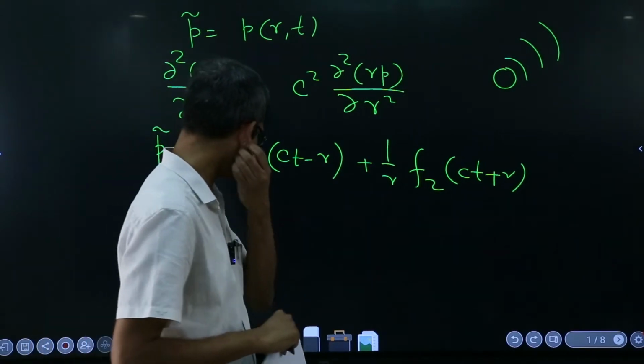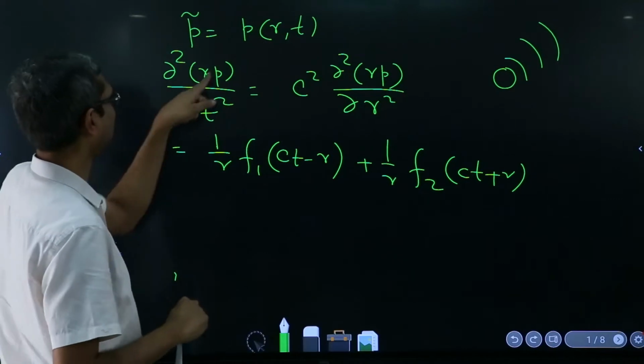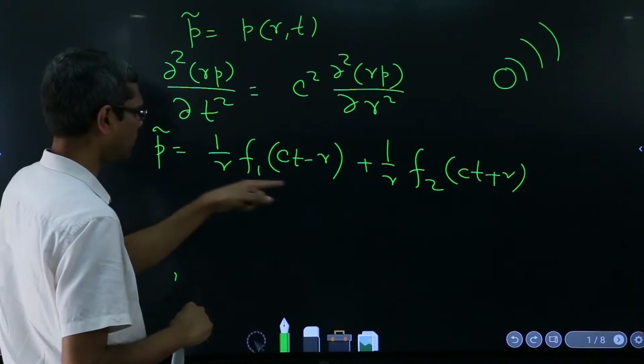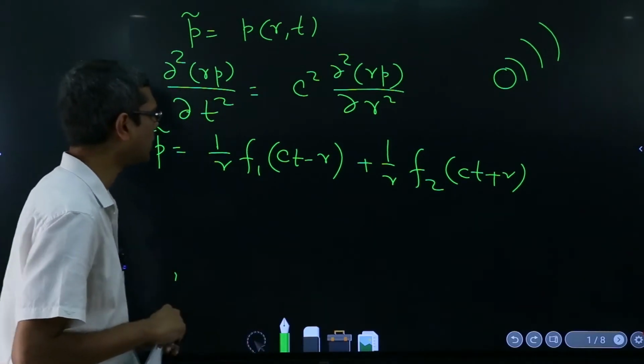This 1/r basically comes from the fact that rp is what gets multiplied, so this is the general form of the solution.